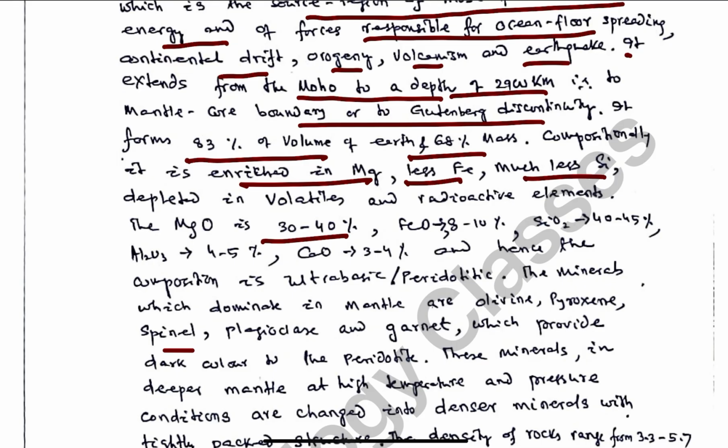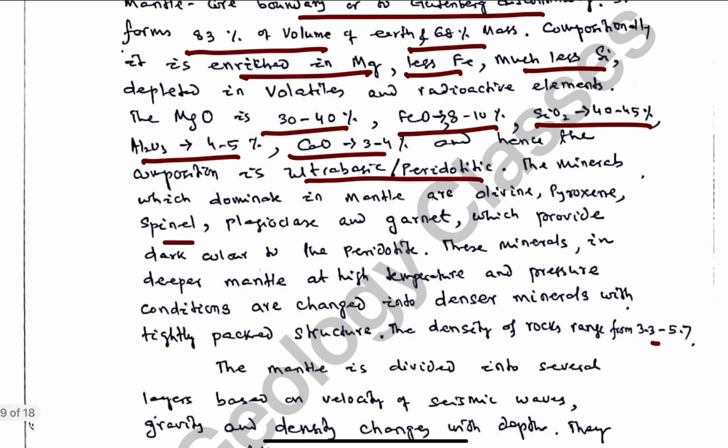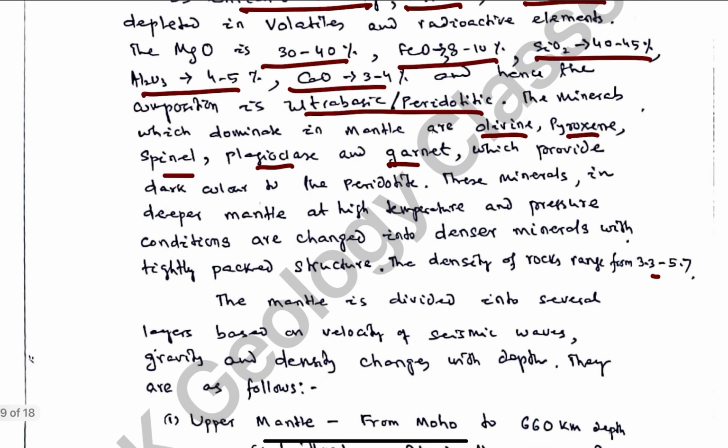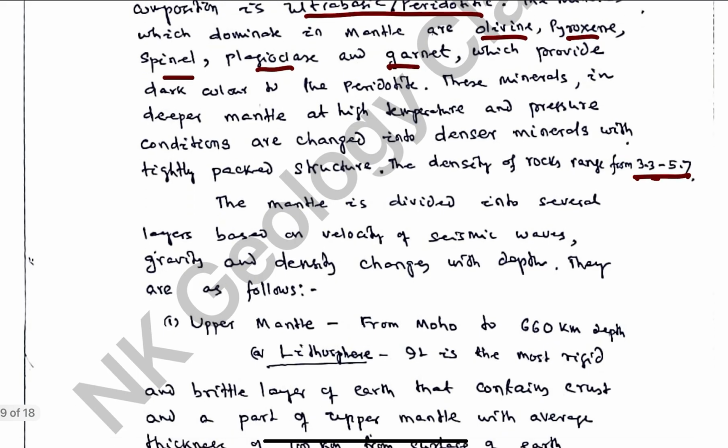MgO is around 30 to 40%, FeO 8 to 10%, SiO2 40 to 45%, Al2O3 4 to 5%, calcium oxide 3 to 4%, and hence it represents ultrabasic or peridotitic composition. These are the dominant minerals in the mantle: olivine, pyroxene, spinel, plagioclase, garnet. And the density goes from 3.3 to 5.7 at the mantle core boundary.